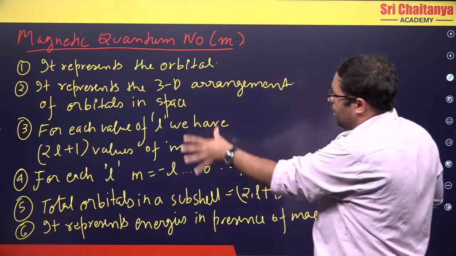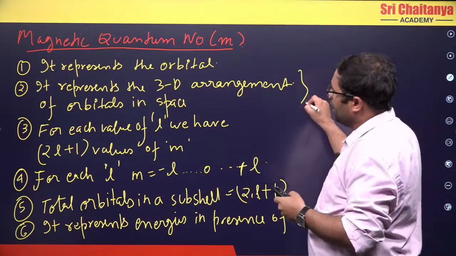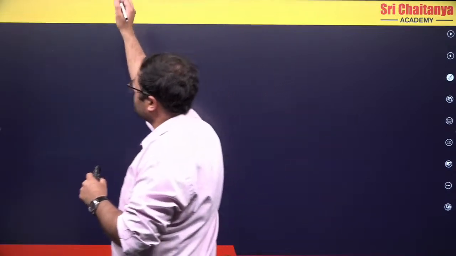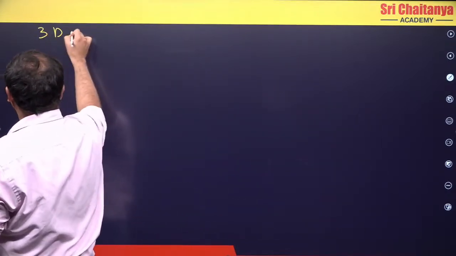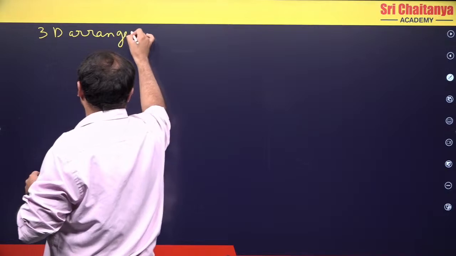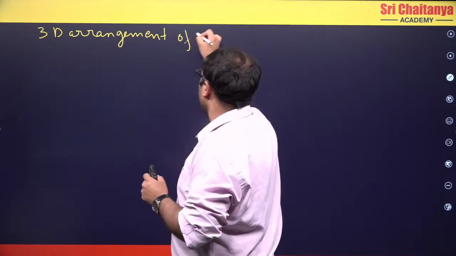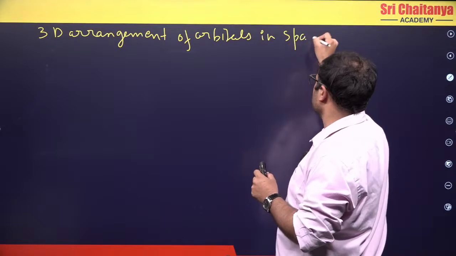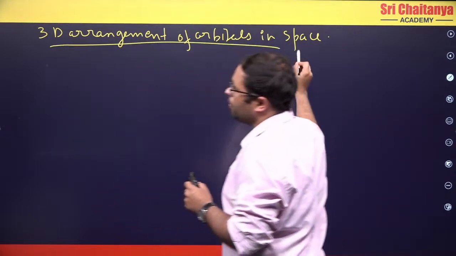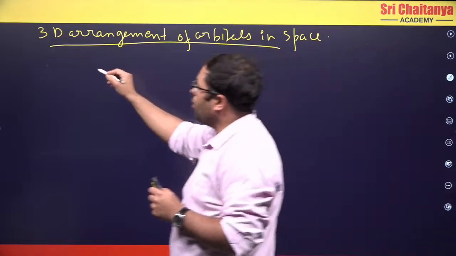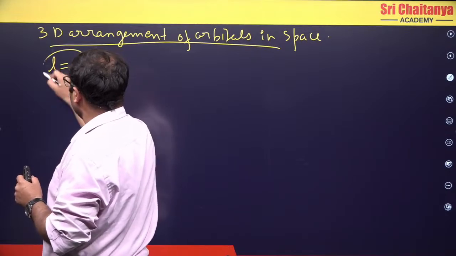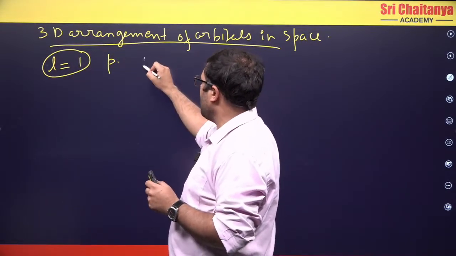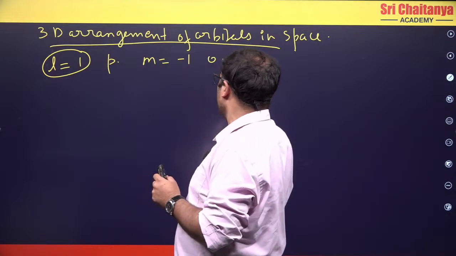So now coming to this point, it represents a 3D arrangement of orbitals in space. How is that? So let us take the example of L equals to 1, which is the p orbital. For that, the values of m are -1, 0, plus 1.